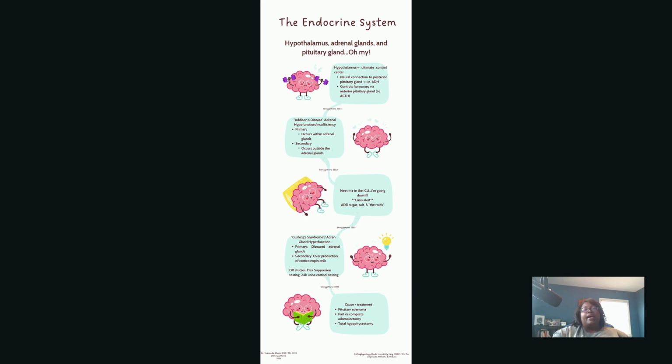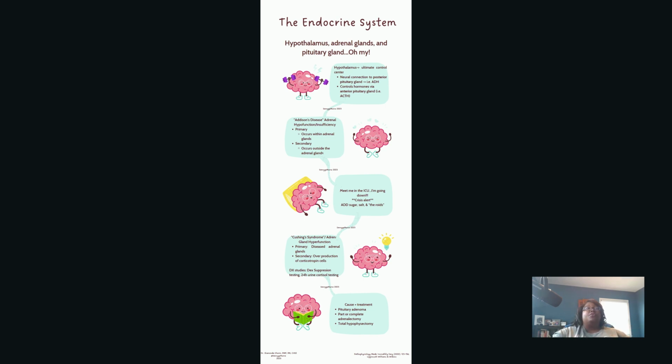Now, the characteristics that a person would present with Cushing's is they could have moon face, a hunchback, striae, and all these characteristics fit very perfectly for some good select all questions.